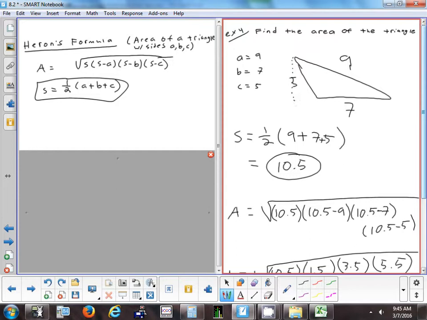How do we find the height though? Well, to find the height, let's see. You'd have to draw that triangle, and then, yeah, it'd be a lot of work. You'd have to find this side right here first.